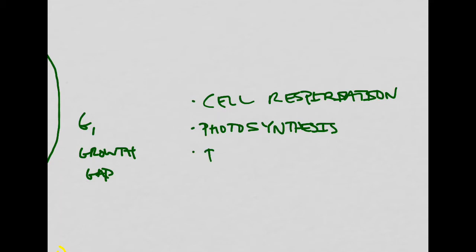Additionally, protein synthesis is happening, the process we just finished talking about. And even going back to the very beginning of the year, membrane transport, so endocytosis, exocytosis, pinocytosis, phagocytosis, the cell bringing things in and out of its membrane is happening during this first growth phase.